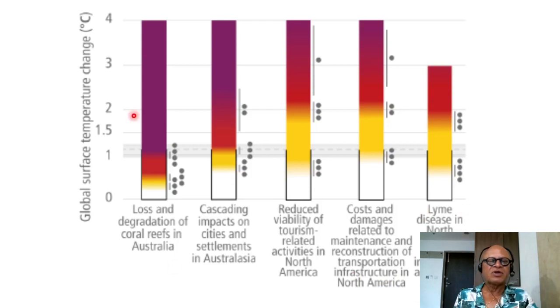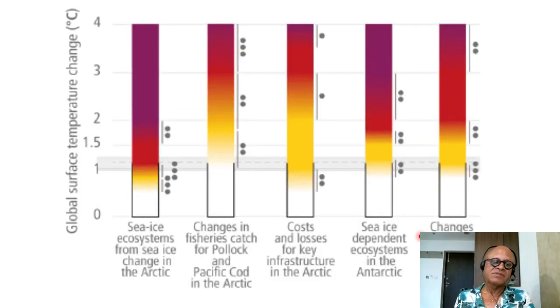I'm not going to explain each of those, but you can see the range of risks considered for regional scales from Australia to North America. Lyme disease has already become very common in North America because of vegetation changes, warming and interactions between deer, humans and deer ticks carrying the Lyme disease.